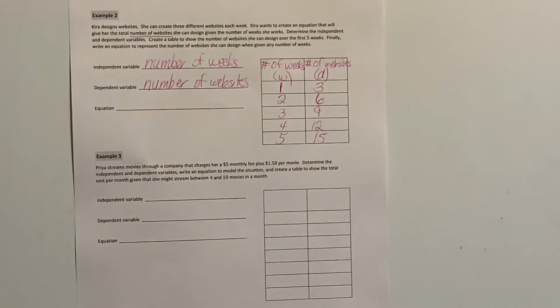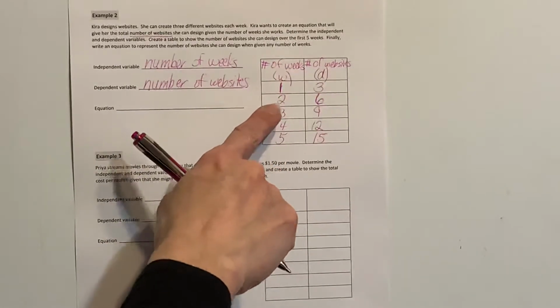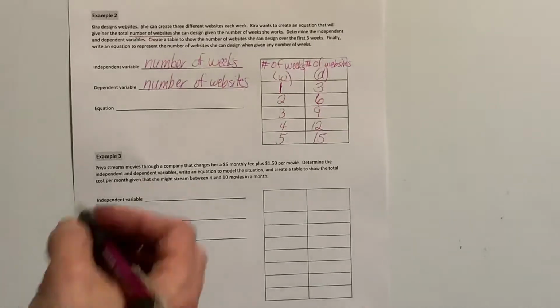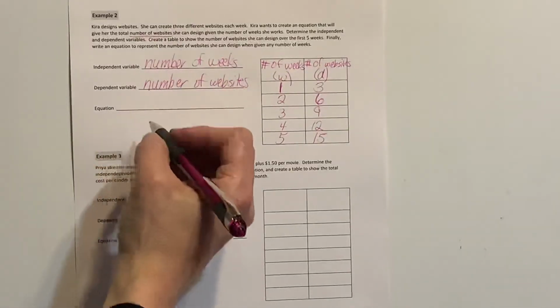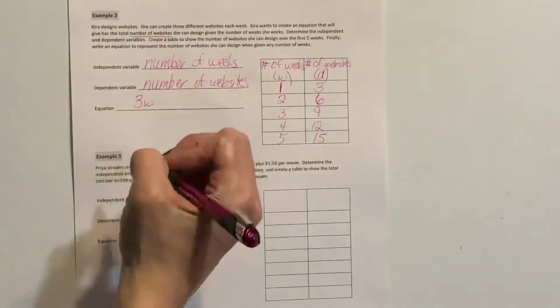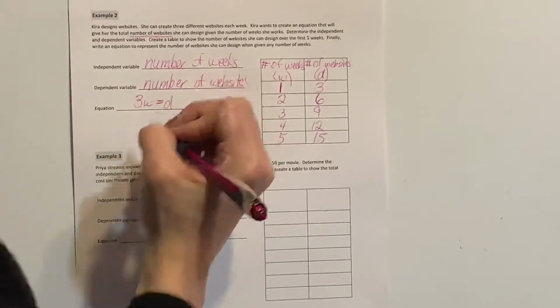So, what would the pattern be? Well, I notice that if I take the number of weeks, W, and I multiply that times 3, I get the number of designed websites. So, my equation would be the number of weeks times 3 gives me the number of designed websites.